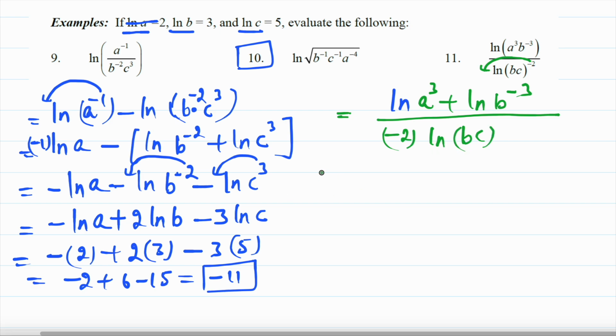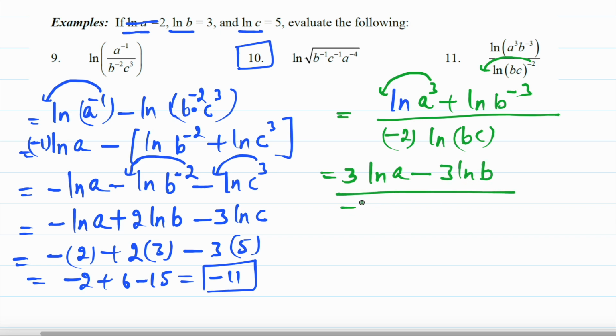Okay, so now we can bring the exponent in the front, so it's going to be 3 natural log a minus 3 natural log b over negative 2 natural log b plus natural log c.